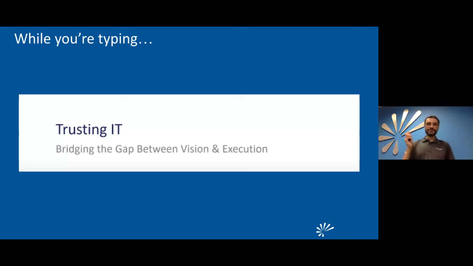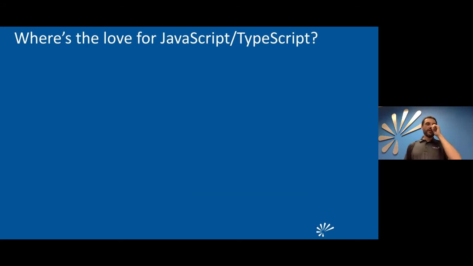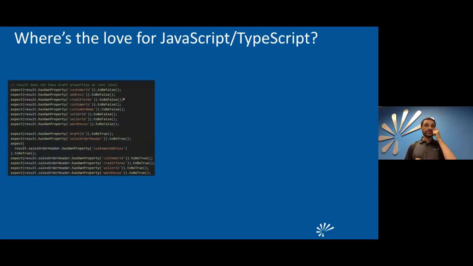Okay, thank you. Excellent. So where's the love for JavaScript, for TypeScript? Because all that C# stuff is great, but I live in JavaScript, TypeScript, or other languages. It doesn't matter. I still follow the same practices across all of these languages. For example, I am currently working on an Angular project, right?